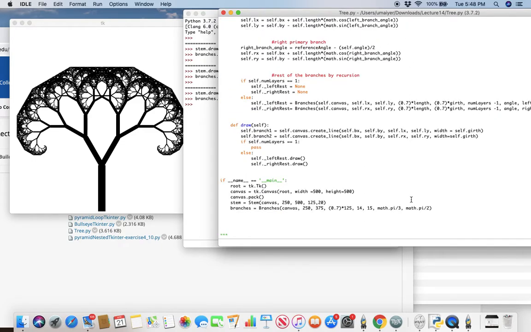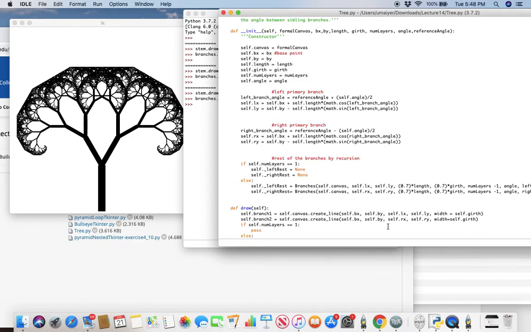In our example, we gave reference angle to be pi over 2. So we started at pi over 2. And then it changes as the recursion proceeds. The angle between two branches, we gave it pi over 3, which is 60 degrees. You could experiment with more or less.